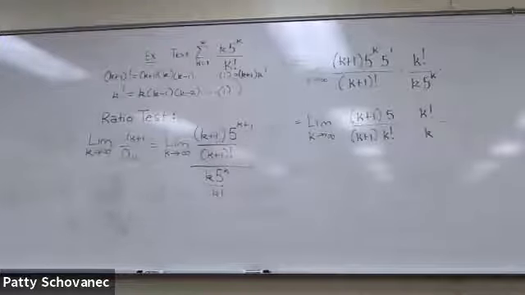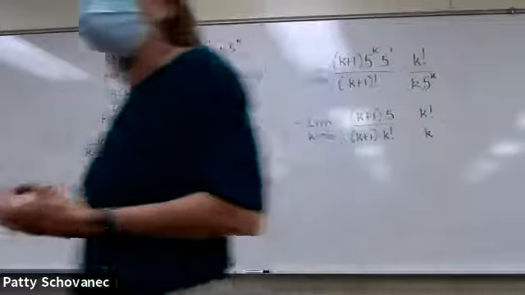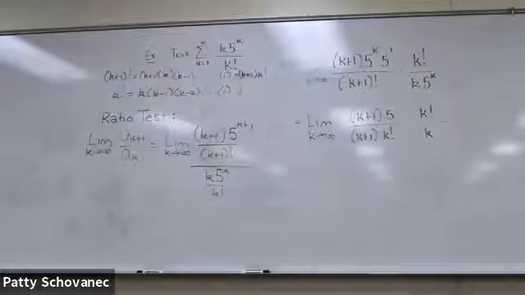So for instance, k plus 3 factorial would be k plus 3 times k plus 2 times k plus 1 times k factorial. All right, so the k factorials cancel and the k plus 1s cancel. And all we're left with now to take the limit is 5 over k.